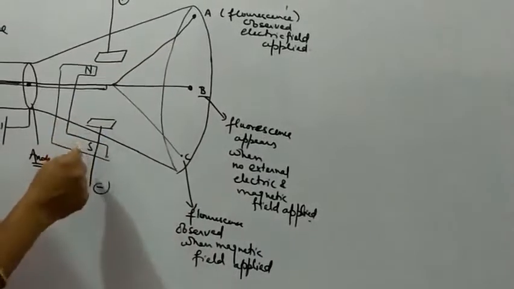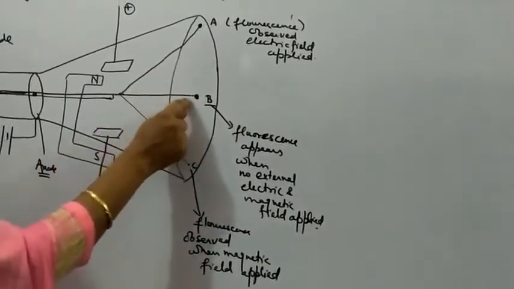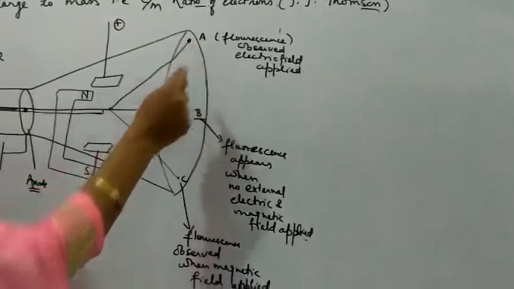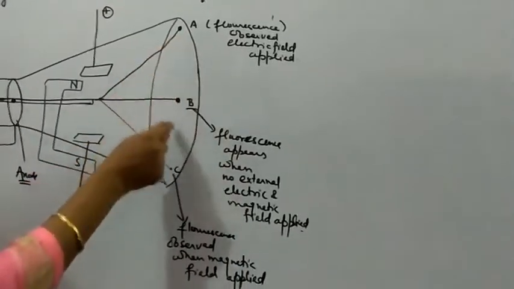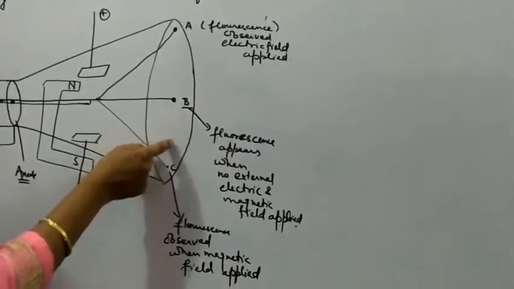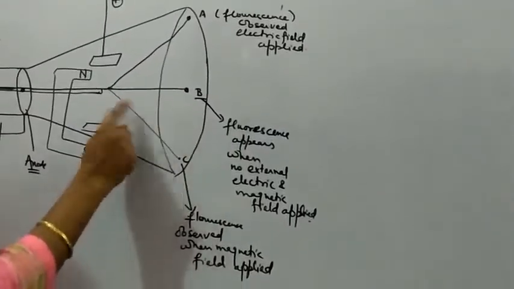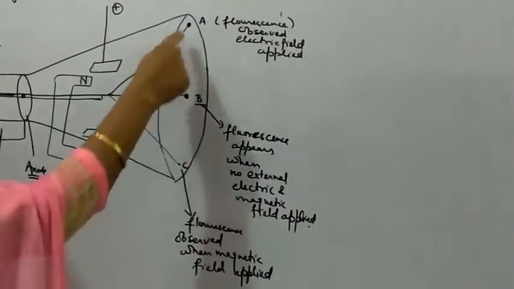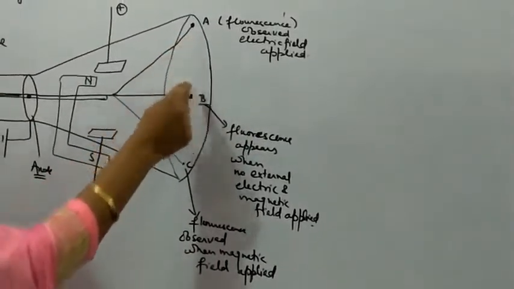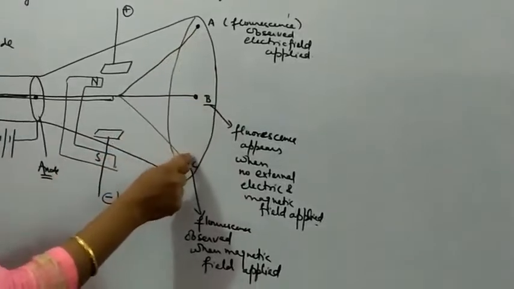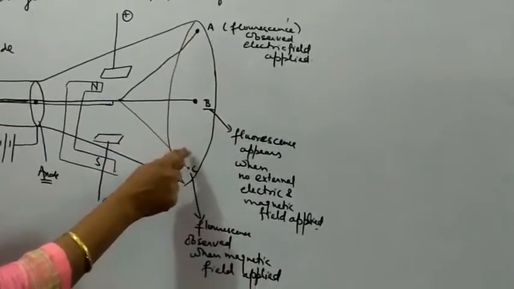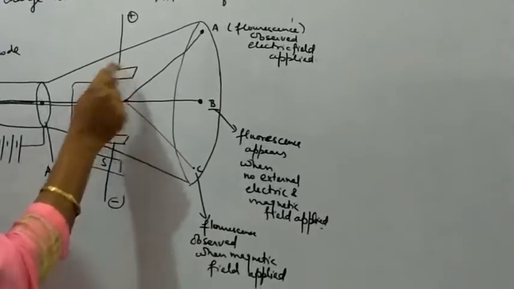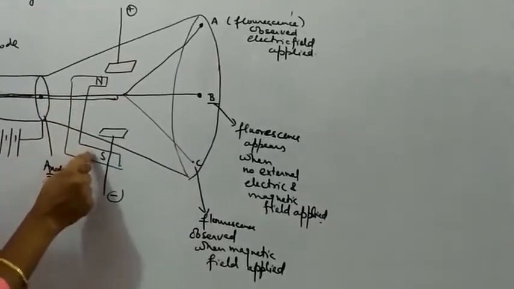When both fields are applied, the cathode ray will show the deflection between the points A and C. It is just similar to the needle of a stabilizer, which is fluctuating between the two ends. In the same way, the spotting will be observed between A and C. So how do we maintain it, just by adjusting the magnitude of the electric field and the magnitude of the magnetic field.